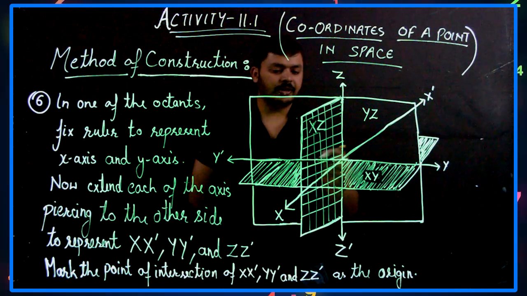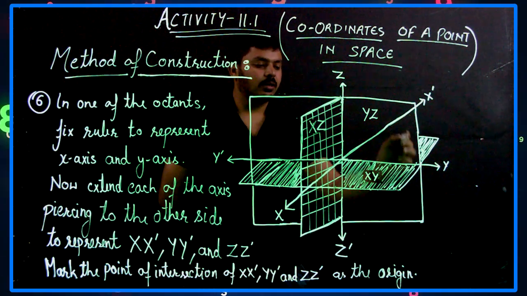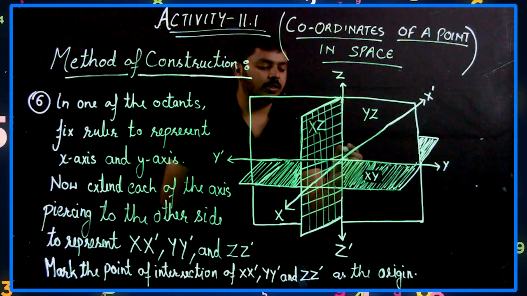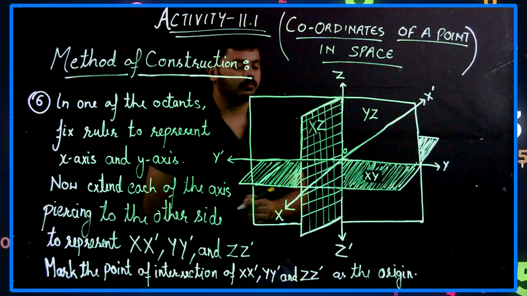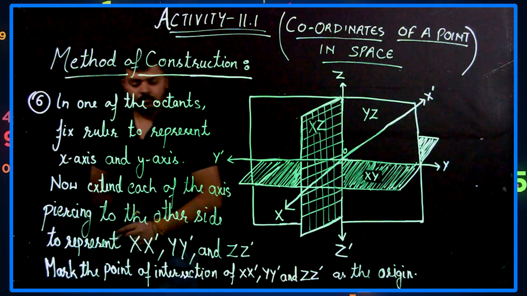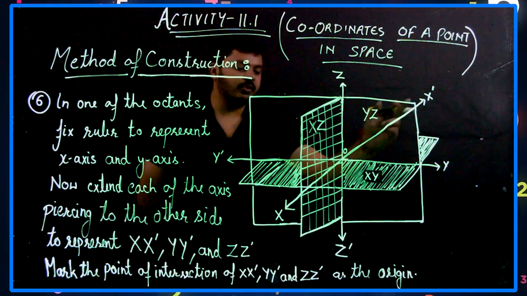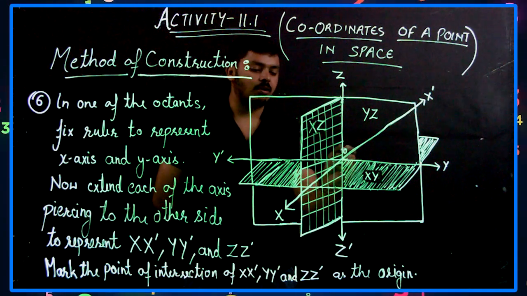That is, the point where all the three axes meet is the origin O.